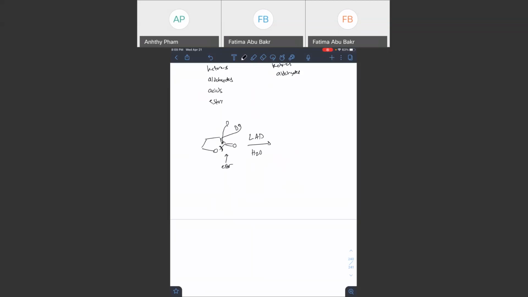So what we end up with is our OH there, because it picked up an H from the H2O, and then there are two Ds attached to that, because those are the Ds that came from the LAD. And then all the way on the other side, we're going to have an OH. And this OH has picked up its H from the H2O. Okay.